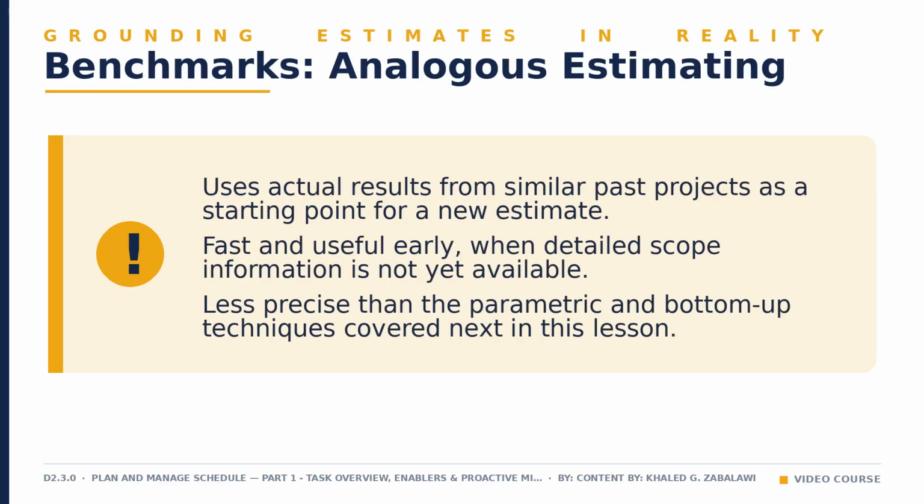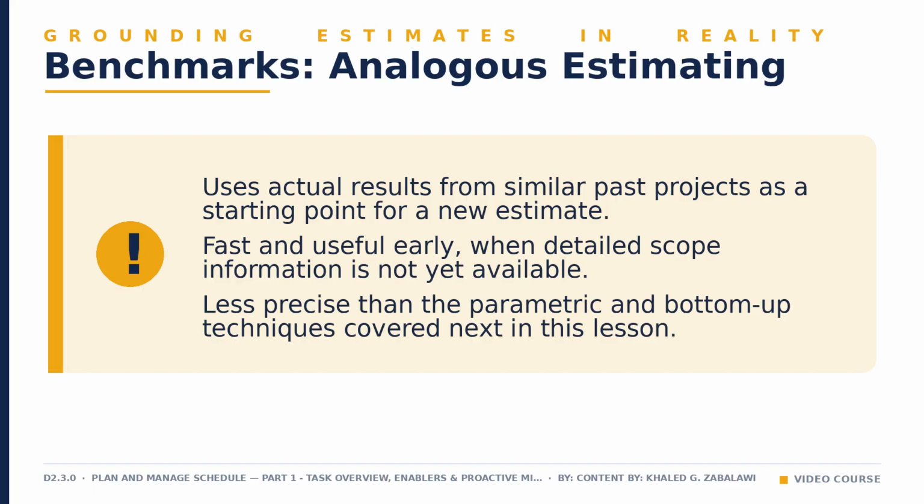Analogous estimating is exactly what it sounds like. You look at a project that resembles this one and borrow its actual duration or cost as your starting benchmark. If a similar office build took 12 weeks last year, that is your first honest anchor for this one, before you know a single detailed task. The real value here is speed and realism early in planning, when you do not yet have the detail to calculate anything more precise.